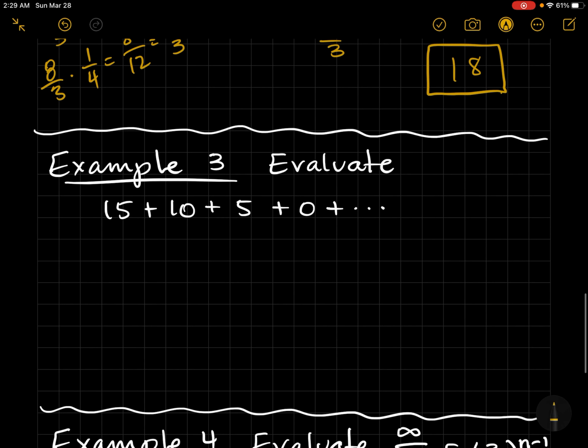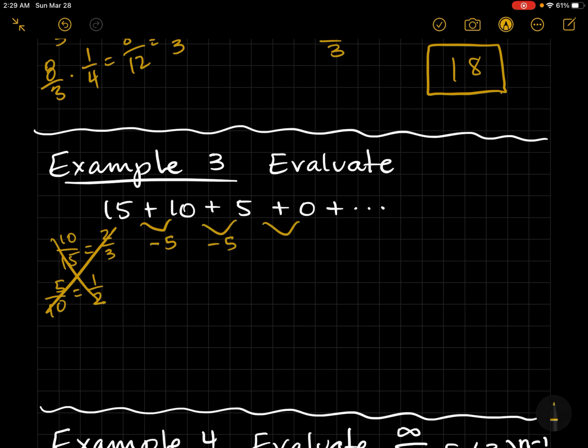Let's look at another example. Let's evaluate. First of all, let's see what the ratio is. 10 divided by 15 is 2/3. 5 divided by 10 is 1/2. So the first thing we see is, hey, this is not geometric. And then I notice we have a common difference.